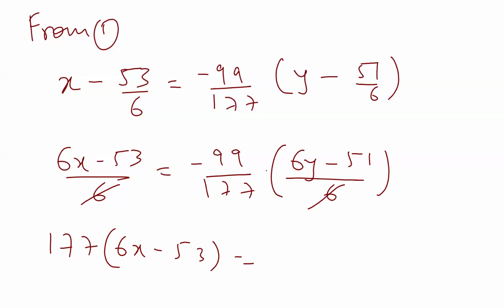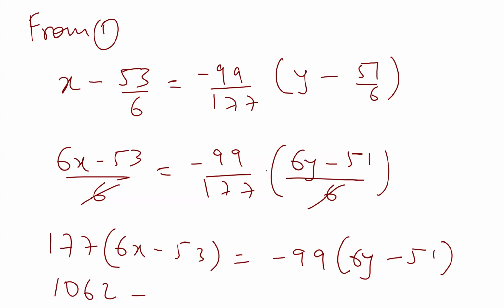It will be more of calculations, but then we do have the benefit of calculators. So don't go wrong anywhere. So 177 into 6, that is what I'm going to do right now. 177 into 6 is 1062, minus 177 into 53, that is 9381.